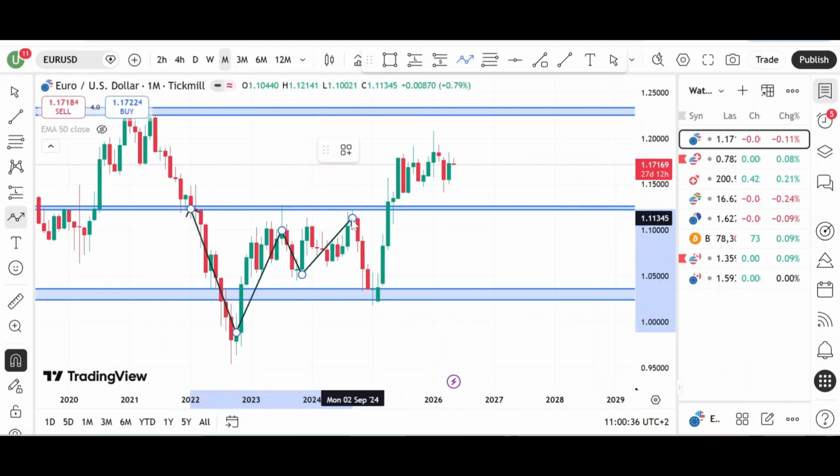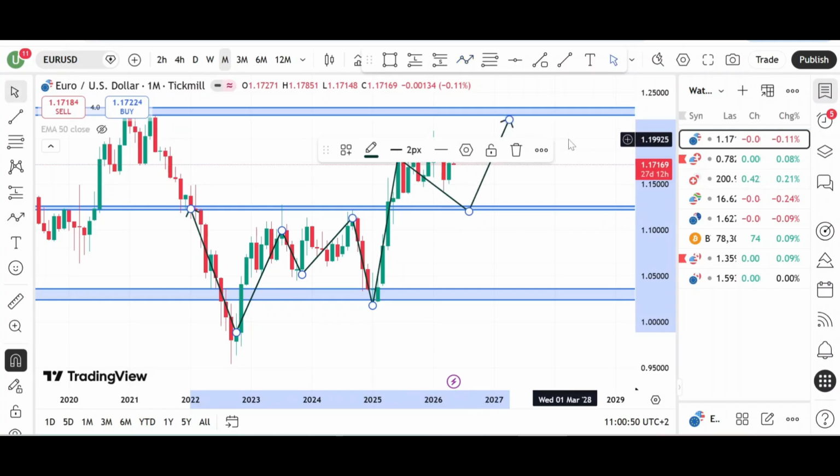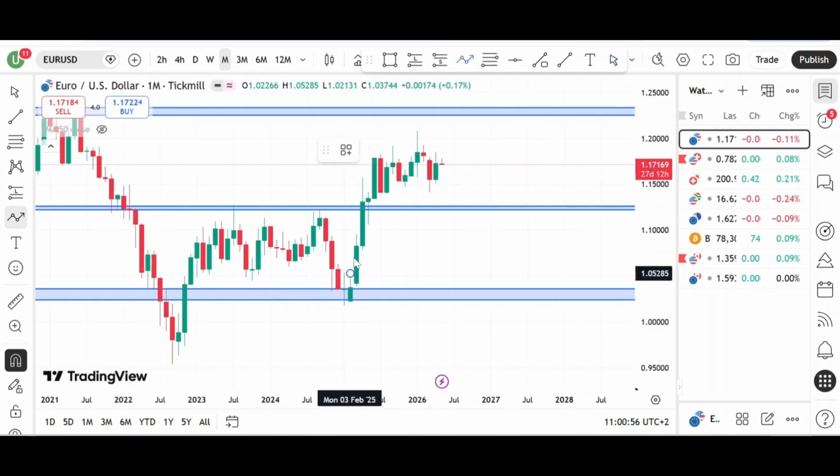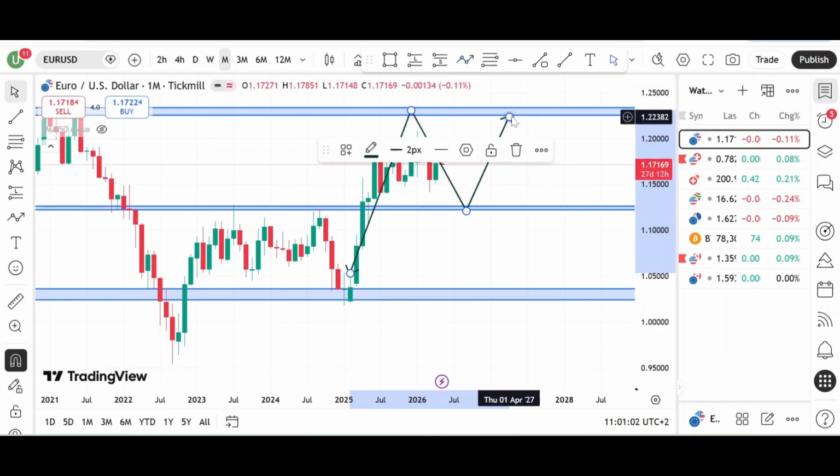But the buyers managed to break the structure, this monthly zone. So we can expect two things. The buyers might come to retest here before continuing in an uptrend, or the buyers can keep breaking and retest here before coming back up and continuing in an uptrend.